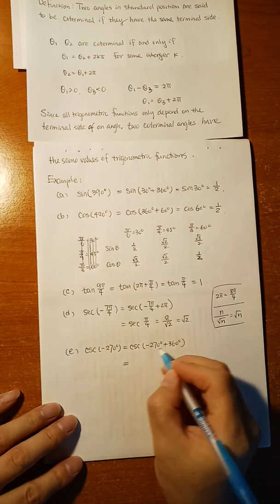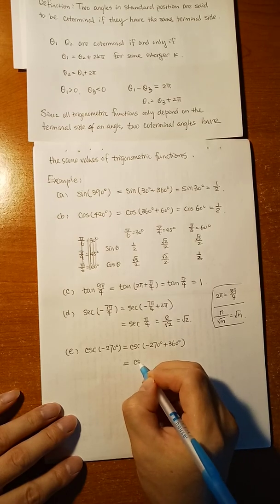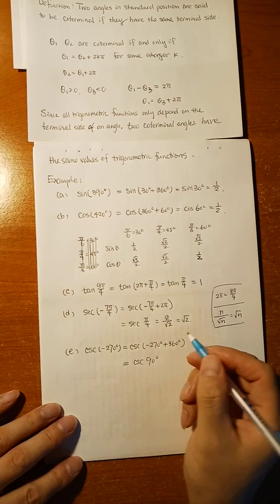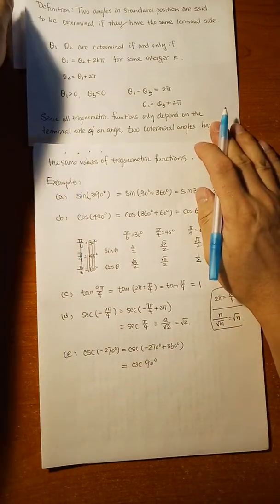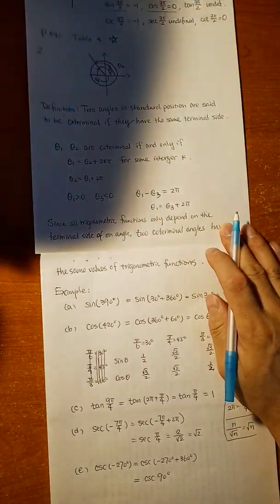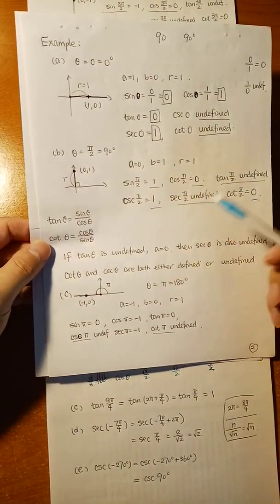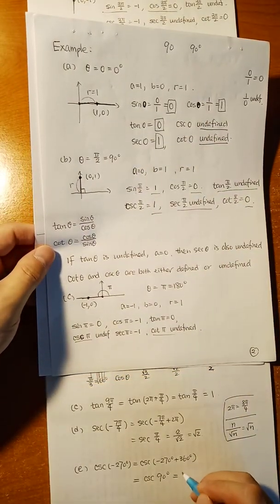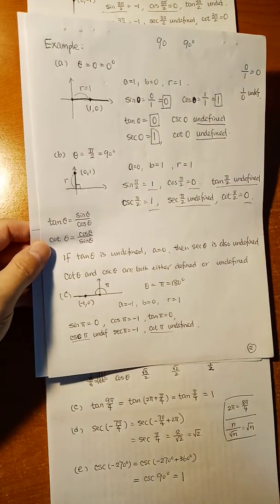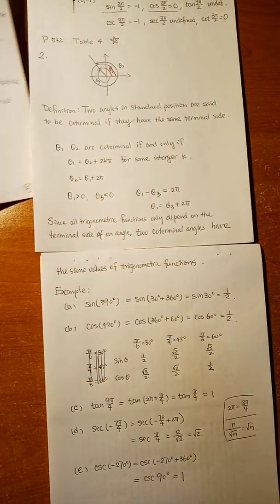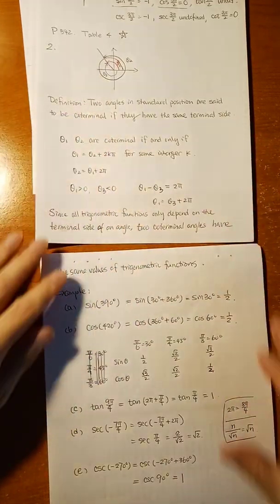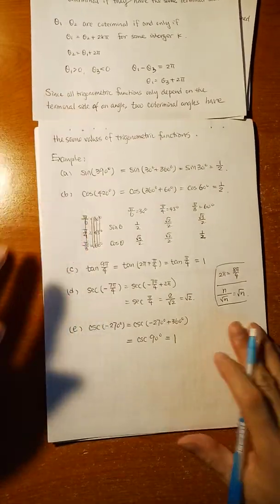So 360 minus 270 is 90. I think we just did it, right? 90, where's 90? 90 is here. Cosecant 90 is equal to 1. So if you memorize that table, you can quickly get it.